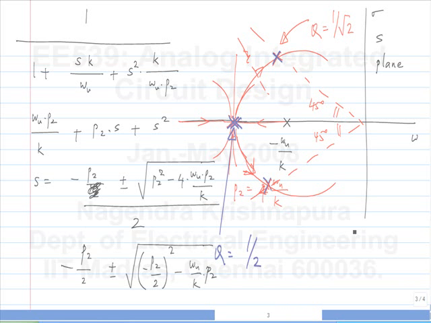So what does this give you? The P2 is the parameter. You are plotting the real part versus this, the imaginary part.